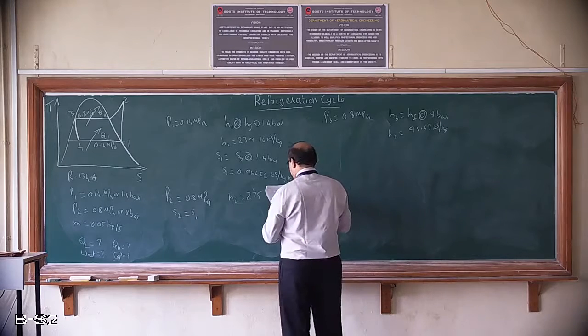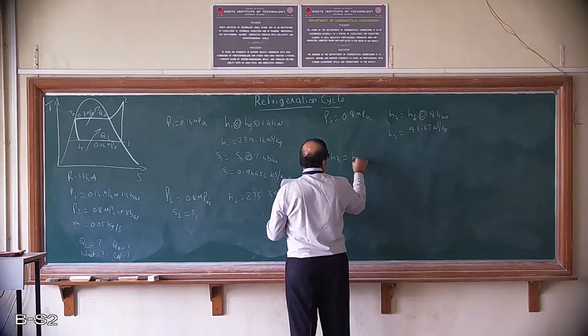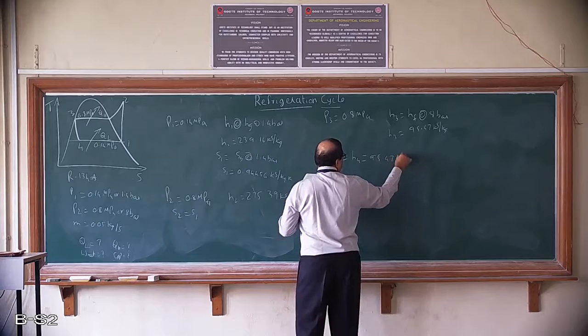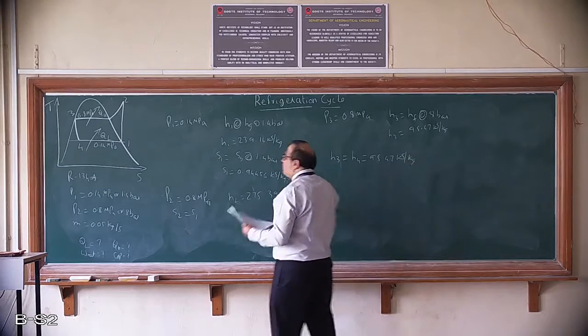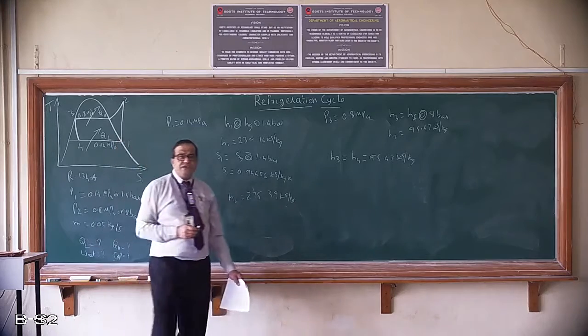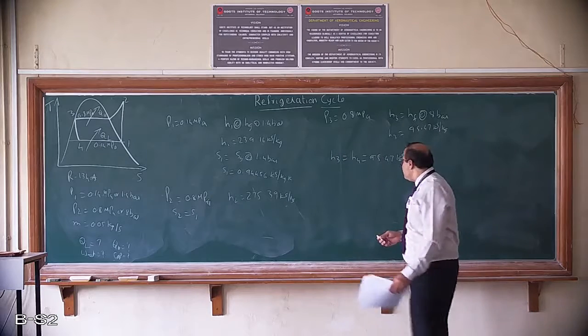Then once you know H3, we know H3 is equal to H4, which is 95.47 kilojoules per kg. Why? Because throttling process, H3 is equal to H4. Expansion takes place, but throttling where enthalpy remains constant.